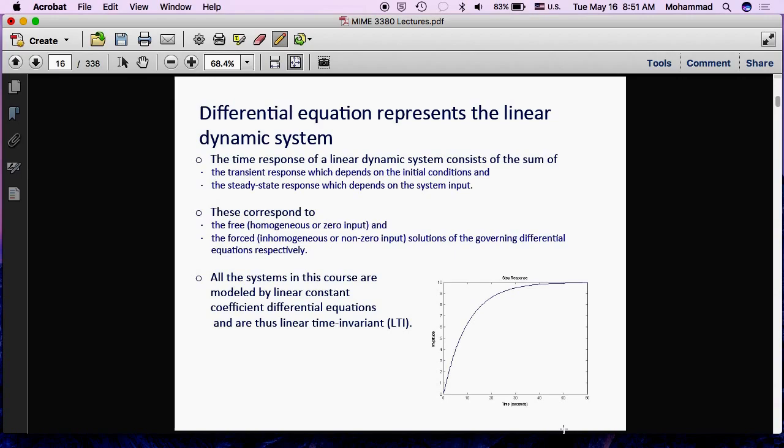So here's your in-class assignment. Grab a piece of paper and plot the free response of the tank.